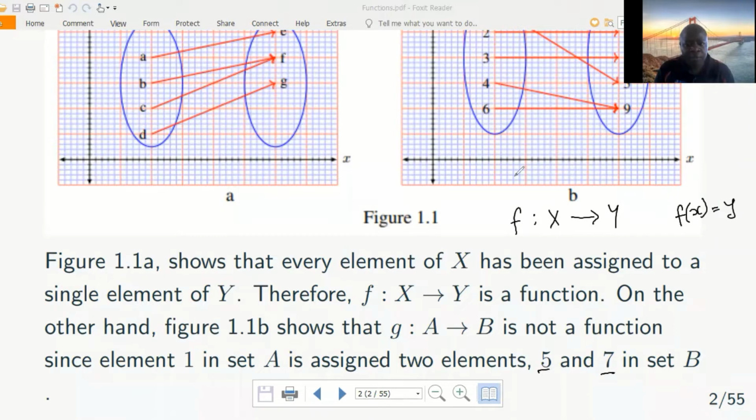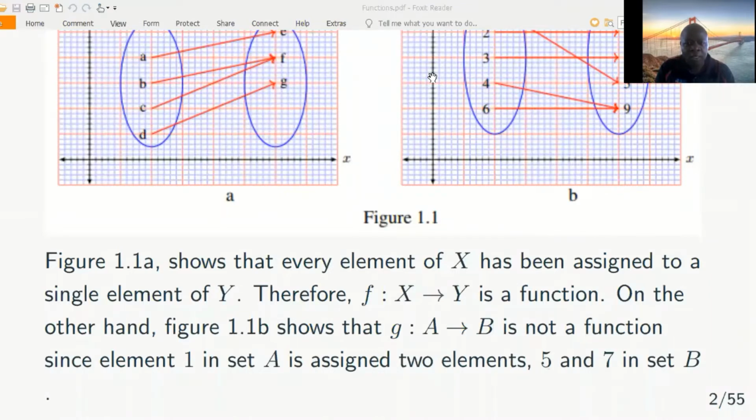So that means that G is not a function. So you need to know, if somebody gives you a diagram or an equation to tell whether something is a function or not, you should be able to use that knowledge. Check to see whether all the elements in the domain have been assigned to images, and if every object has one image, just check and see.